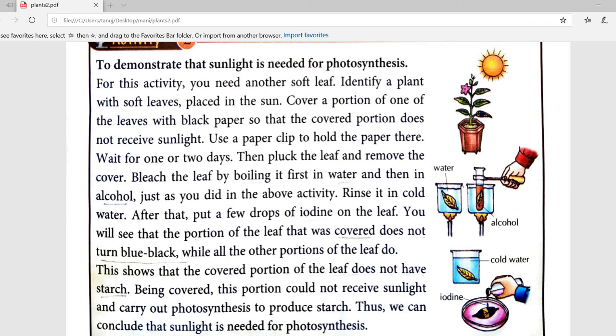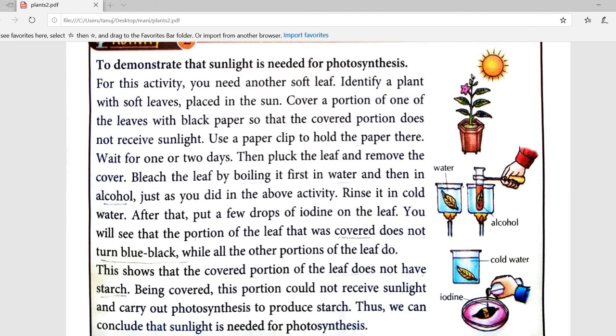That is why it is not turned into blue black color. Why? Because it could not receive sunlight and carry out photosynthesis to produce starch.